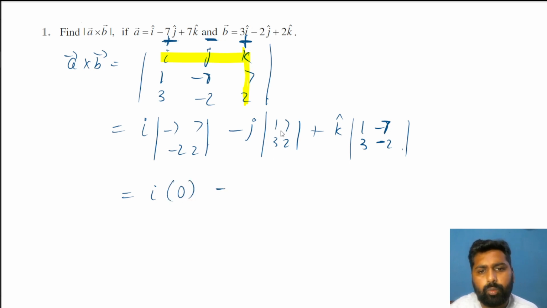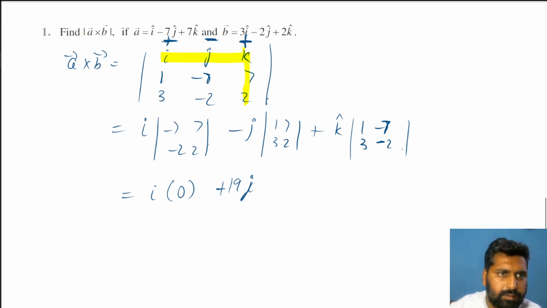Then 1 into 2, 2 minus 21, so you get minus 19, so plus 19j, plus this one is minus 2 minus of plus 21, so that is also minus 19k.